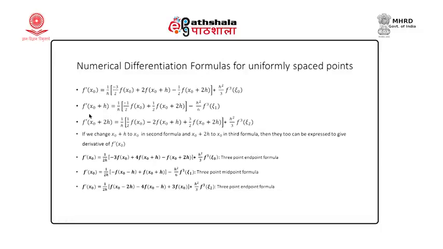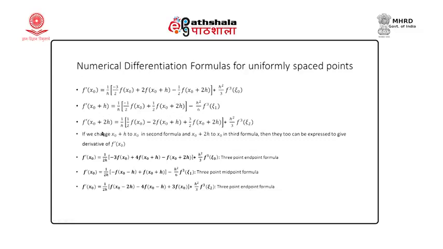See, what we are doing is, these all three formulas, though this is x0, x0 plus h, x0 plus 2h, at any point x0 means we are changing x0 plus h to x0 here, and we are changing x0 plus 2h to x0 here. So, this formula stays as it is. In the second formula, if I change x0 plus h to x0, this will become x0 minus h, this will become x0 plus h.